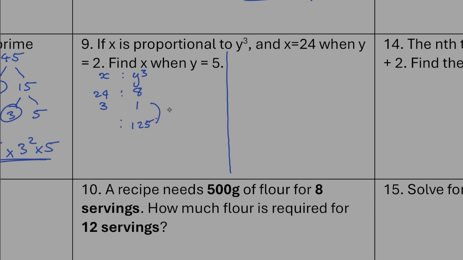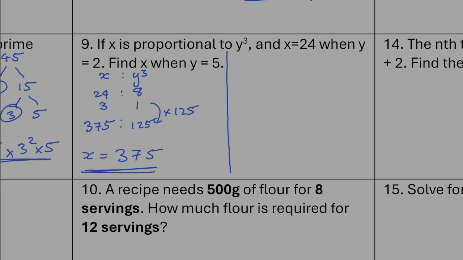So I want to times by 125 there. So 3 times by 125 would give me 375. Right, so that's the ratio method for that.